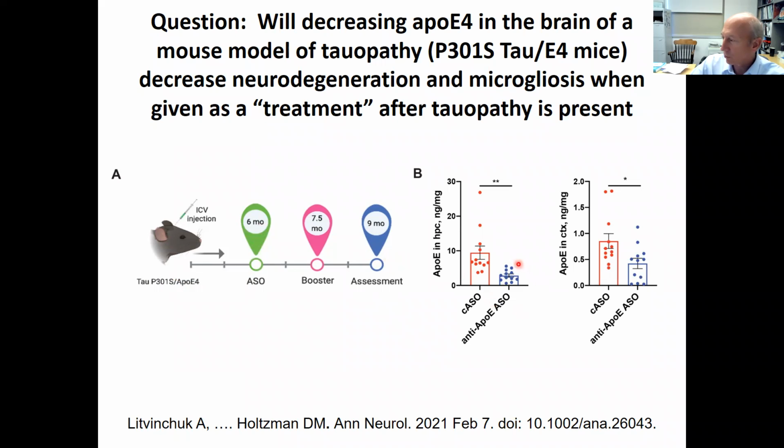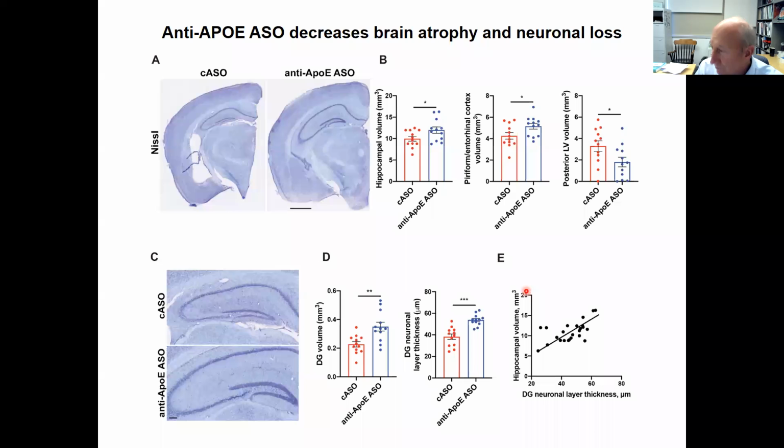As we showed before, giving the ASO will lower APOE levels. When we look at neurodegeneration as marked by brain atrophy, in the animals given the ASO there was a significant increase in both hippocampal and piriform entorhinal cortex volume, and the ventricle did not dilate as much, presumably because there's less atrophy.